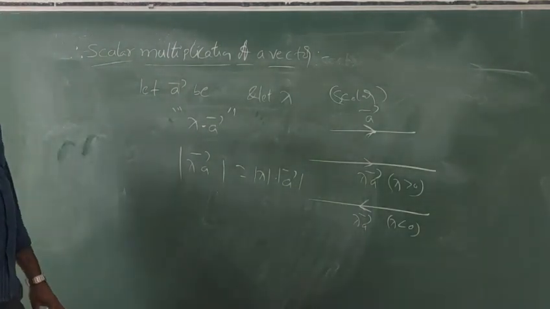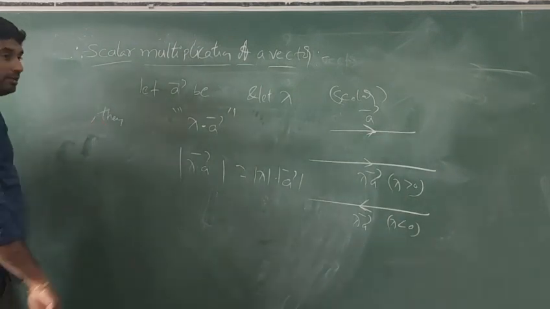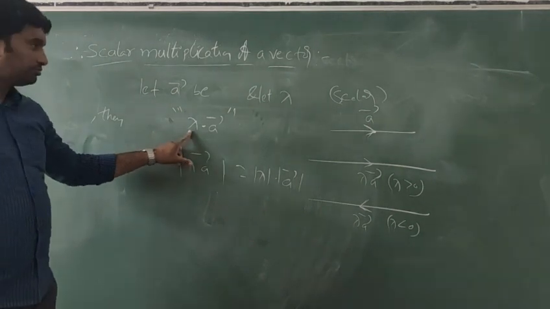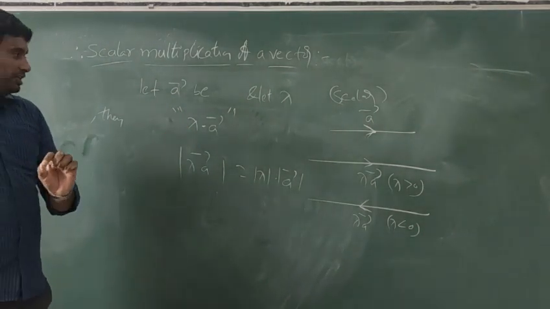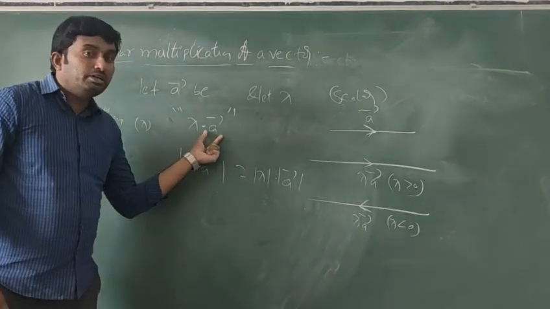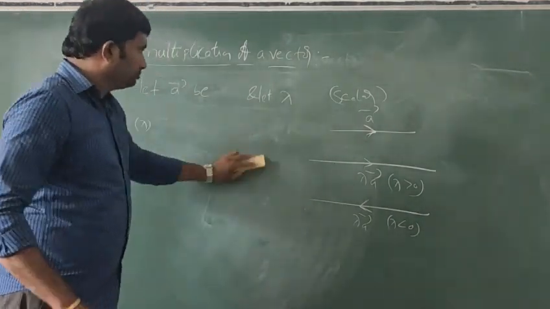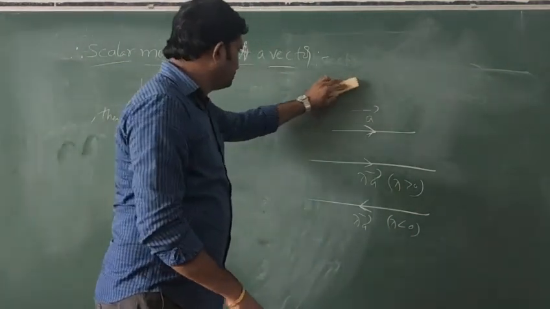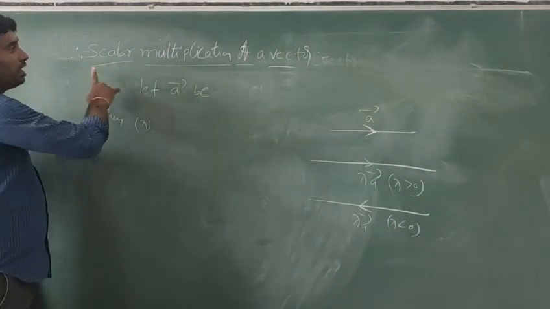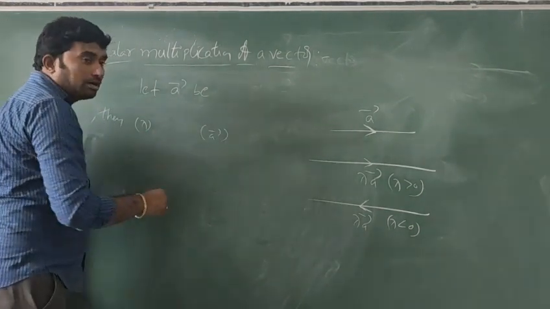Then the scalar multiplication, in bracket lambda, of the given vector, in bracket a bar, is also a vector.